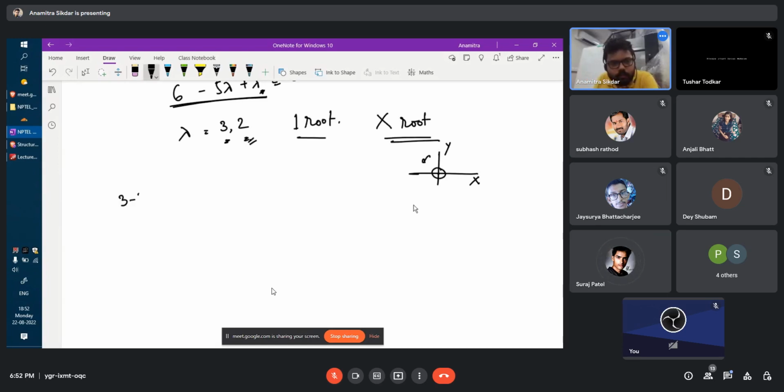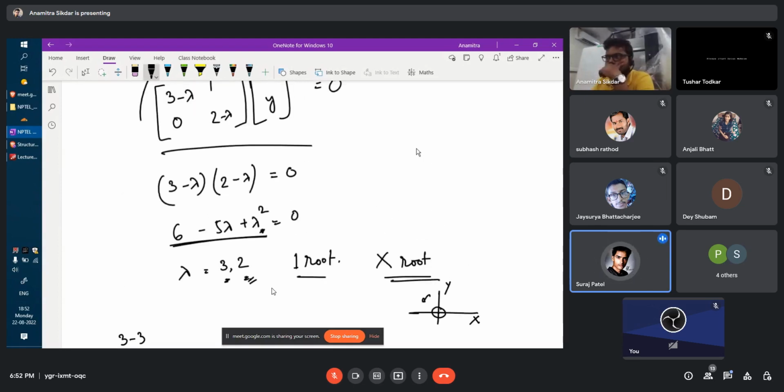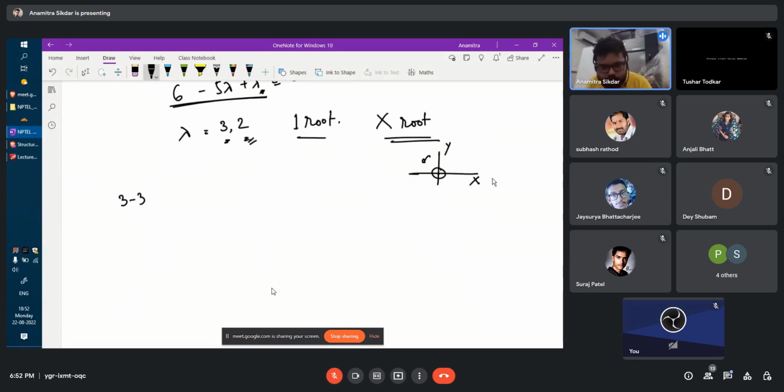Sir, if we get imaginary eigenvalues, what can we say about that? We can say that there is no direction that remained. Yeah, that's a very good question. What is the concept of eigenvalues and eigenvectors? That there will be some direction which remained constant, right?